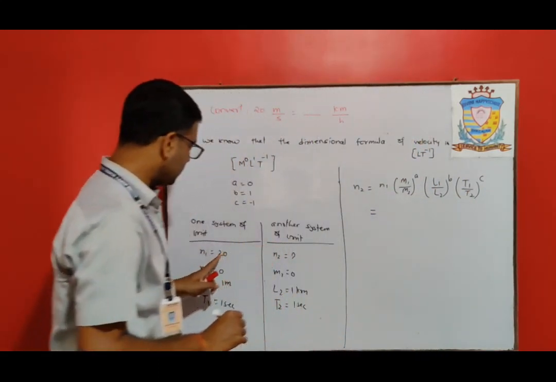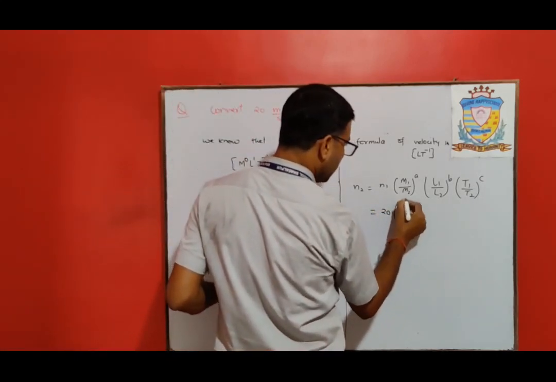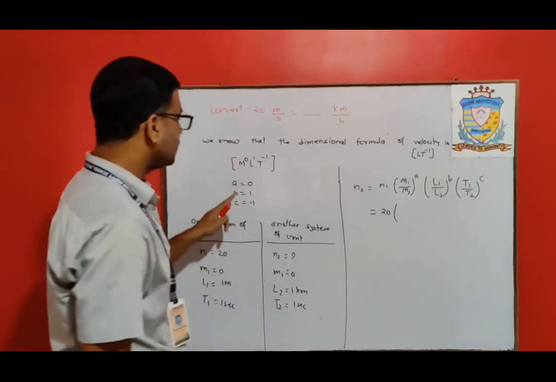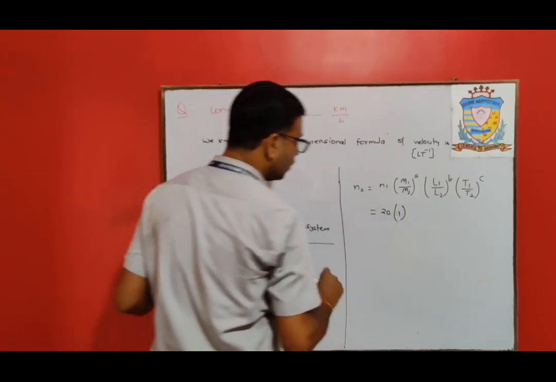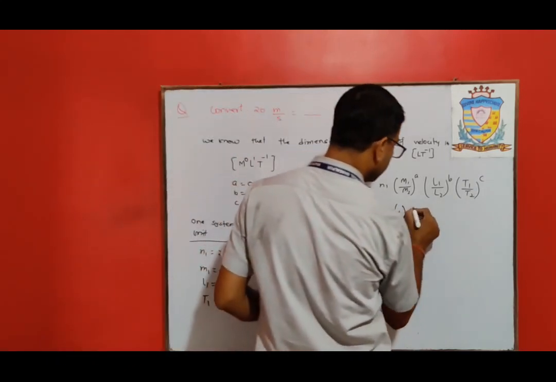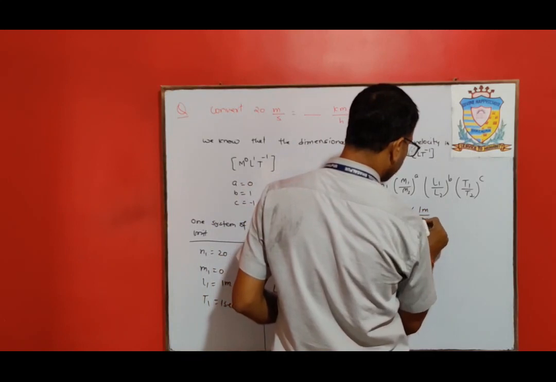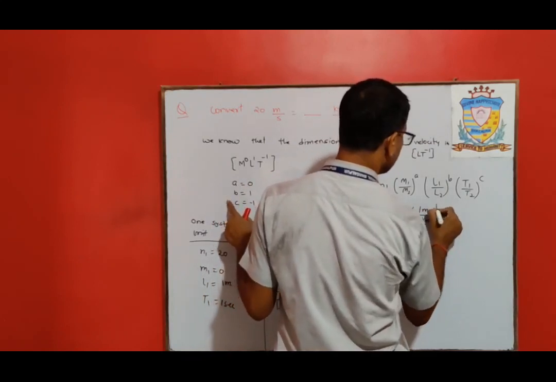The value of n1 is 20. Put it over here. So this is 20, and the value of a is 0, so this quantity will become 1. L1 upon L2, that is 1 meter upon 1 kilometer, whole to the power b, and the value of b is 1.